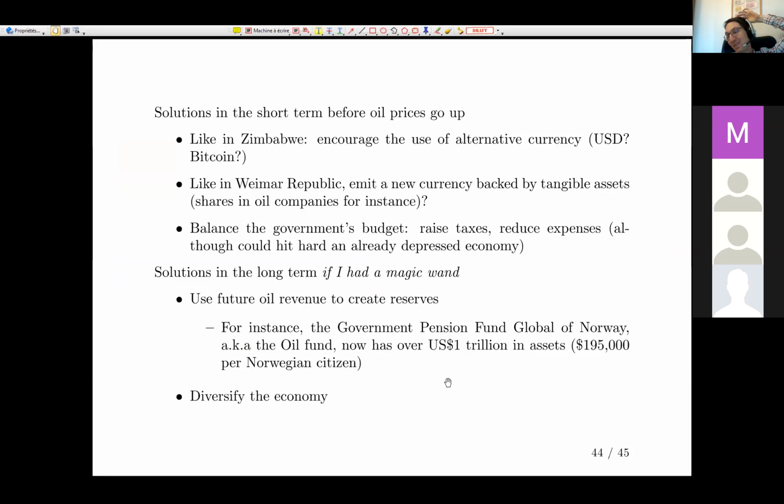But they would need to, if they wanted to stop hyperinflation, create some new currency and back it with some real stuff. Right now, the last real thing they could do is say, okay, we're going to emit money and back it with our own oil reserves. They still have some.